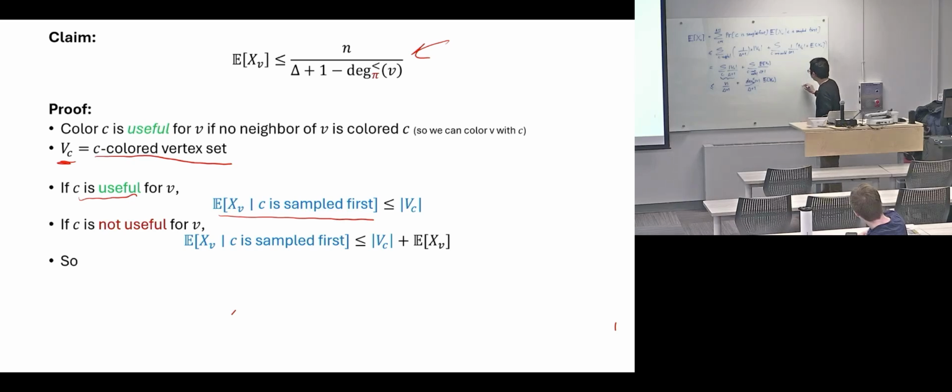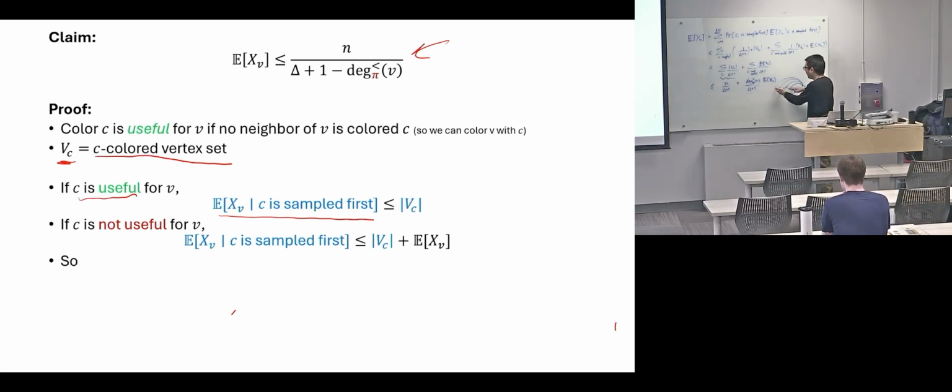Because if this is V, and you look at all of the neighbors before V, then in the worst case, all of the neighbors before V have distinct colors.